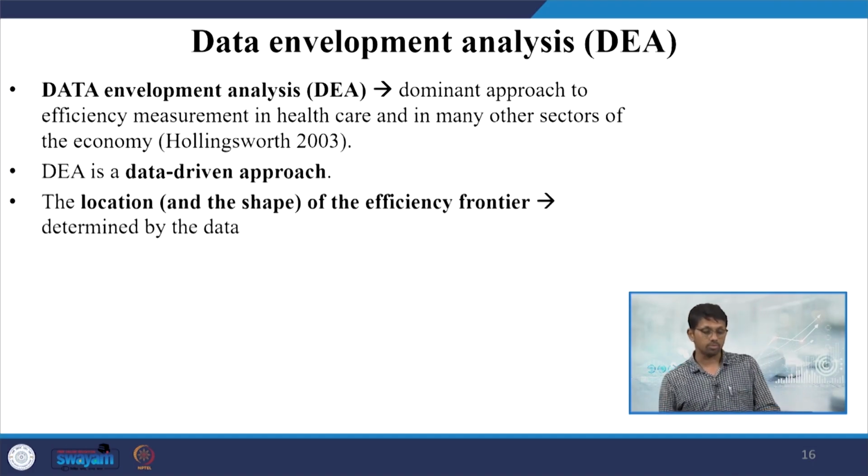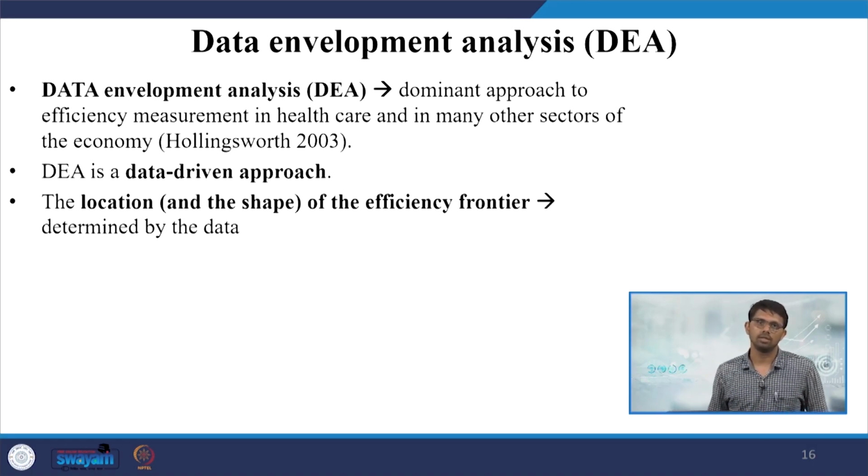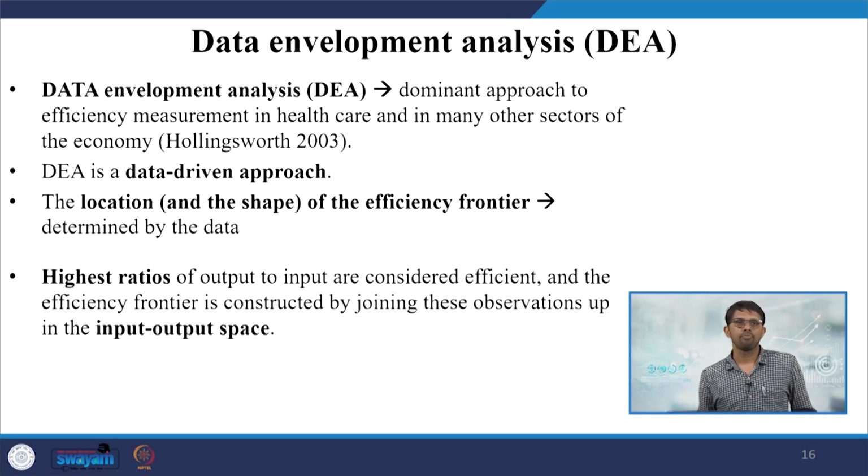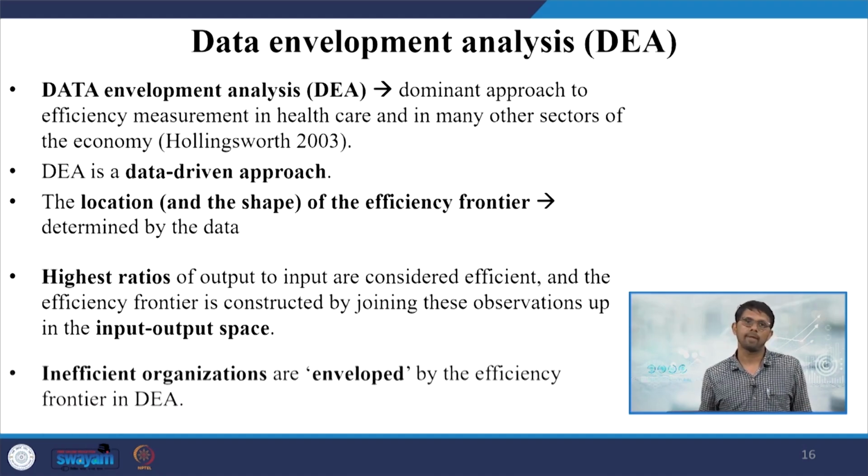The location of the efficiency frontier really matters while understanding DEA. The highest ratios of output to input are considered efficient, and the efficiency frontier is constructed by joining these observations up in the input-output space.